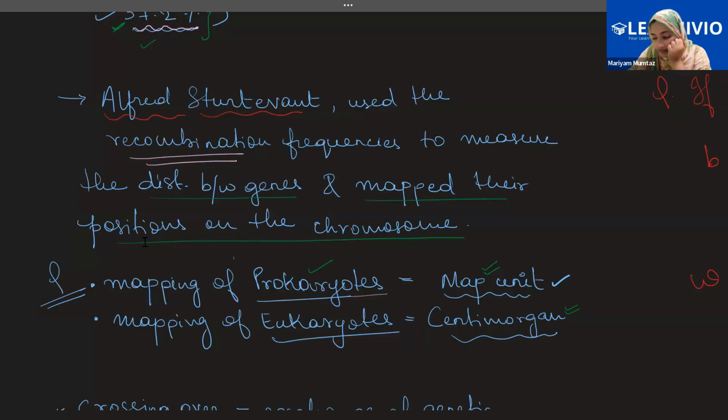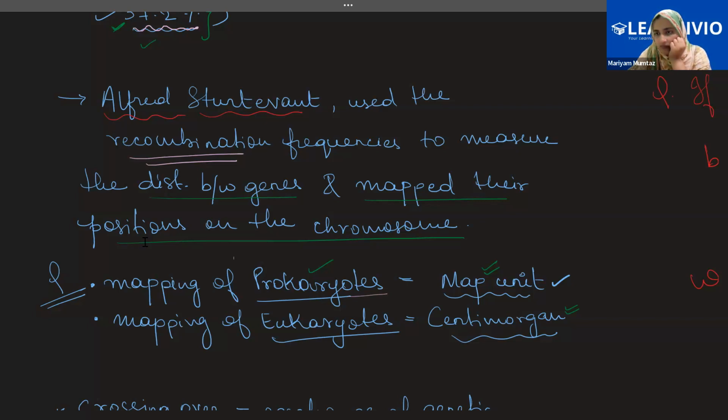So I wrote this indicates that the dihybrid cross is obeying the law of independent assortment, where its proportion is 9 is to 1. Hence, if the alleles are close together, then the recombination for the next generation will be less in percentage.